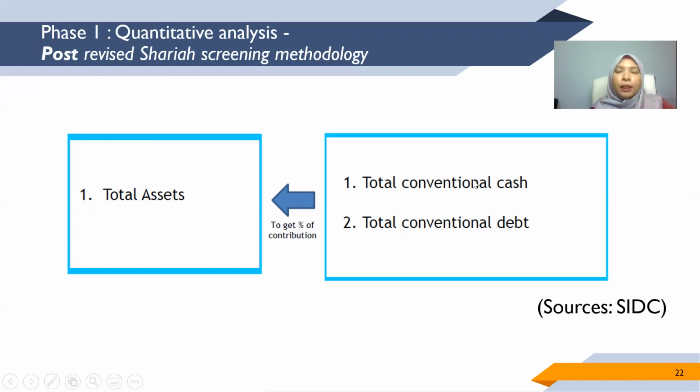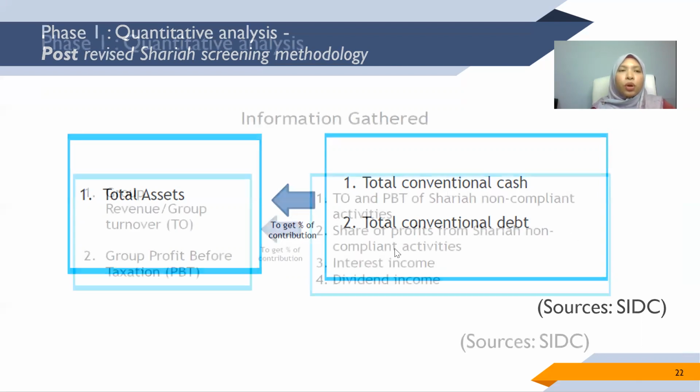For example, if total conventional cash is lower than 33%, it should be Shariah compliant. However, if total conventional debt is more than 33%, for example, they have 50%, which is more than 33%, it is still considered Shariah non-compliant. So this one has to be compared to the 33%, and that also has to be compared to the 33%. So same goes to the previous one.